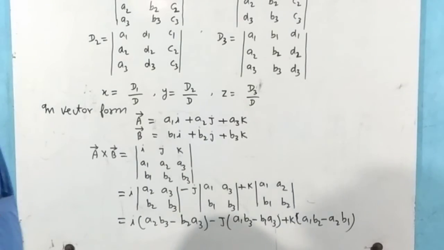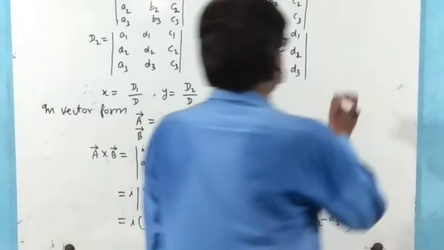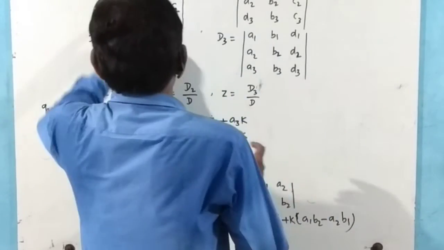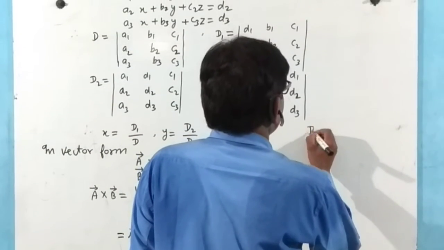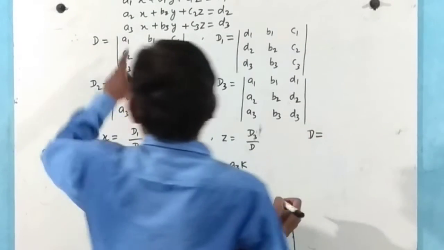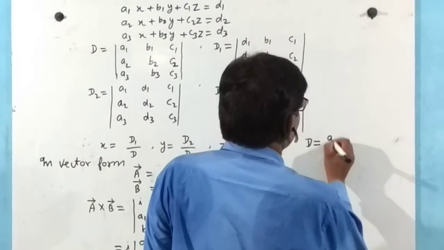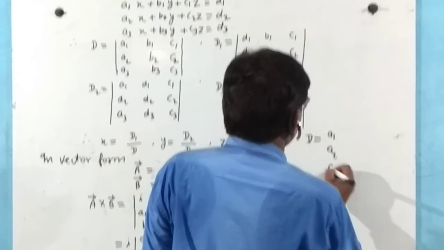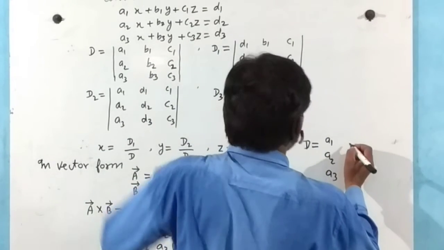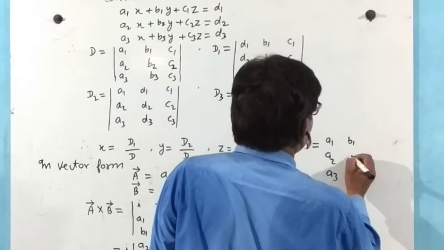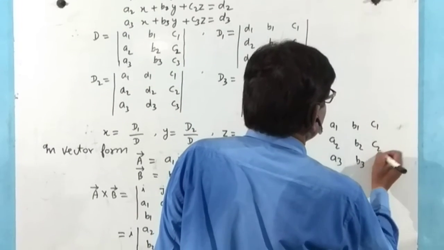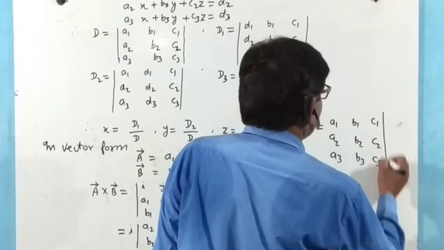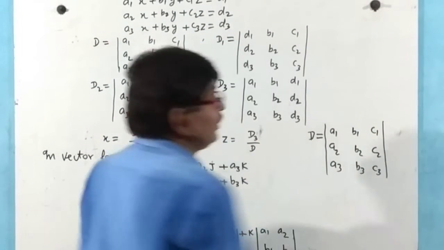Now we see that D equal to, in this case, the determinant with A1 A2 A3, B1 B2 B3, C1 C2 C3. This is the determinant.